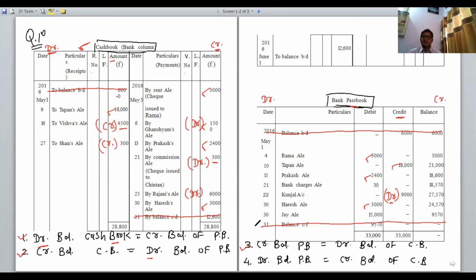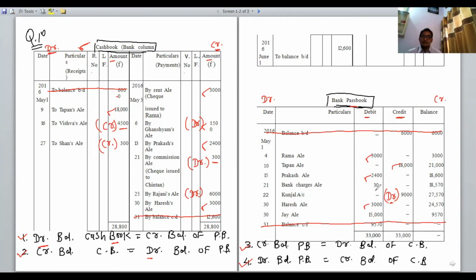At last, the debit balance of passbook. As per the passbook, the debit balance must be matched with the credit balance of cash book: 3,000, 3,000 tally; 2,400, 2,400 match.